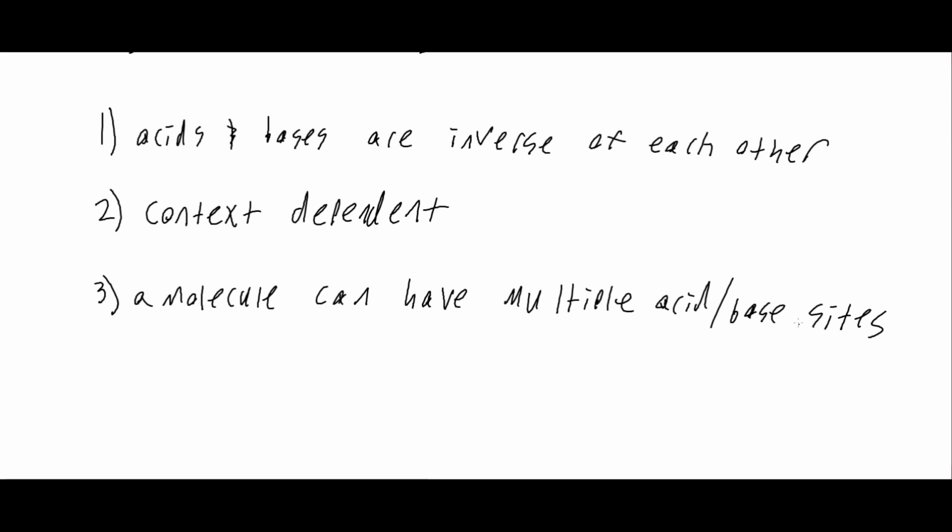And so I think these are probably the three main take-home messages for this video, that acid strength and base strength are sort of inverse of each other, that the strength of an acid, or whether something is even acting as an acid or acting as a base, is context dependent, and a molecule can have multiple acid and base sites.